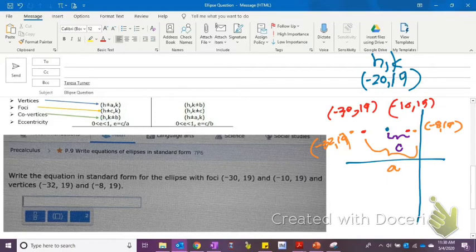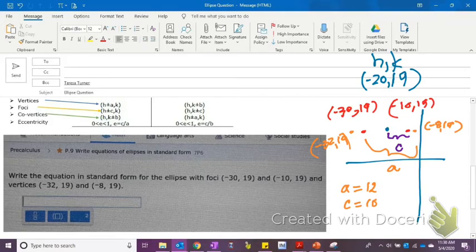So the rest is just based on calculations, so that we know that from negative 20 to negative 8, that distance is 12. So A is 12. We know that C is the distance between the center at negative 20 and the foci, or one of the foci is from negative 20 to negative 10, so we know that C is 10.